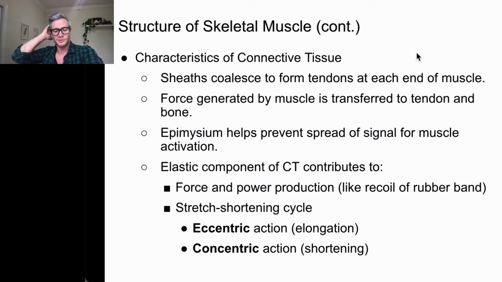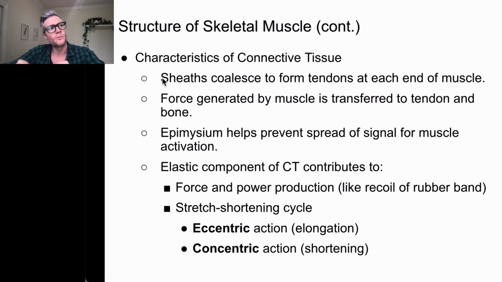Yeah, so as promised, we're going to chat a little bit more about connective tissue and how that helps muscles contract, and what's special about connective tissue that allows muscle to act the way it does.